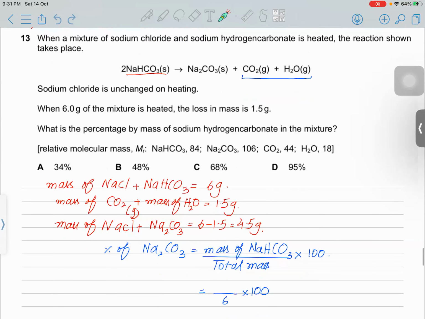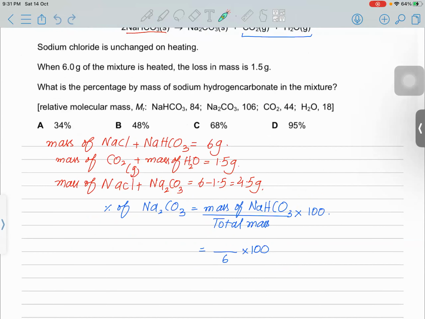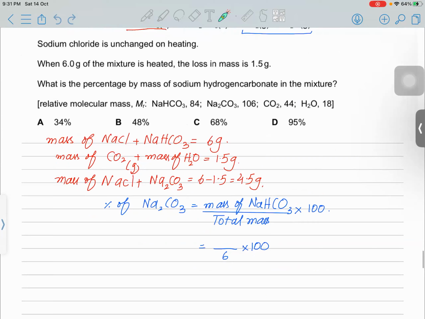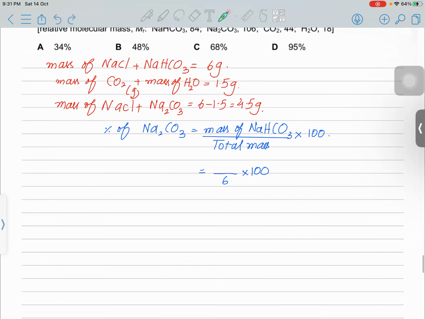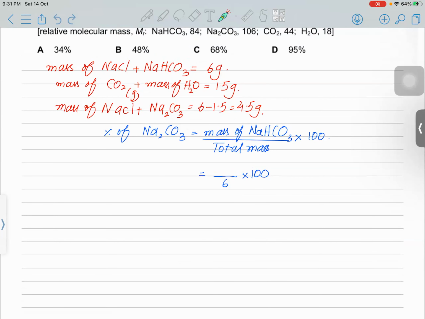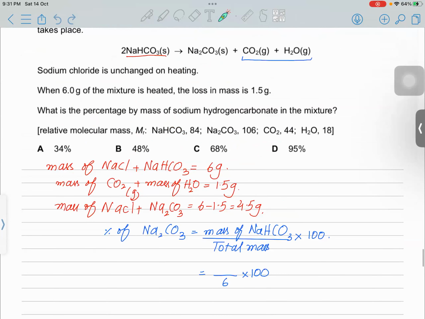Now, first of all, find the mass of NaHCO3, right? First of all, find the mass of NaHCO3.